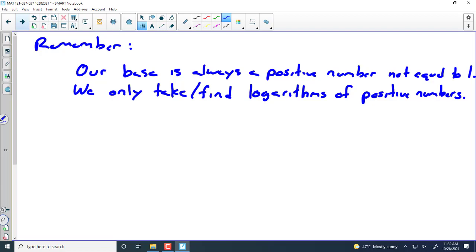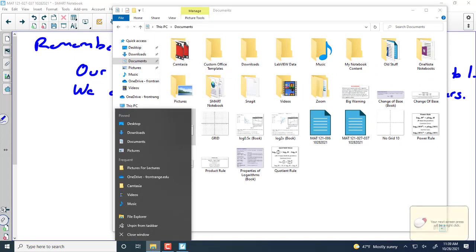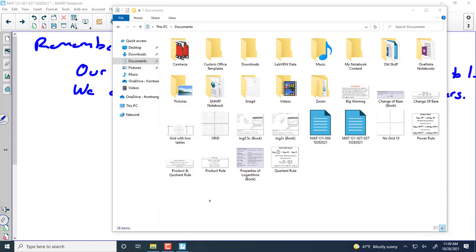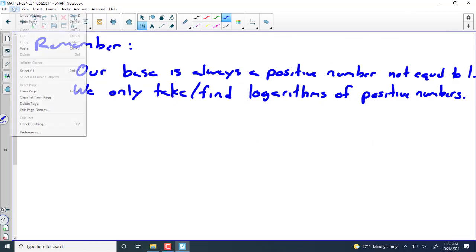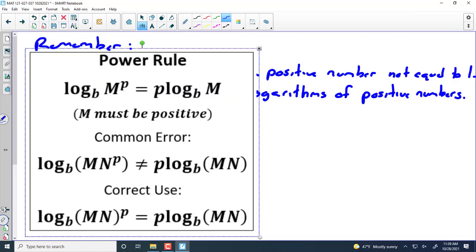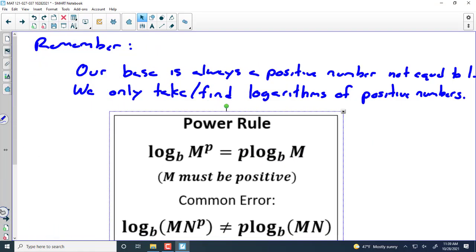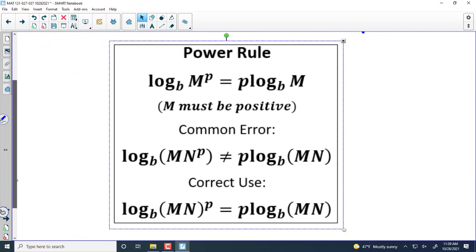Here are our rules, everyone. Well, here's the first one anyway. I made these myself, everyone.